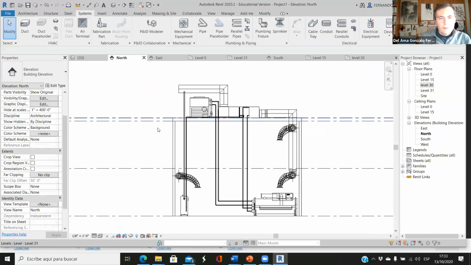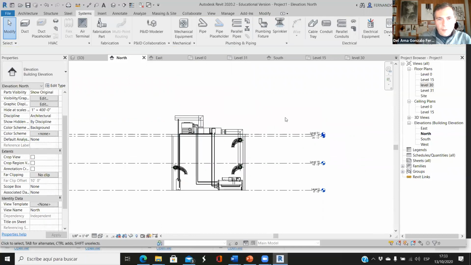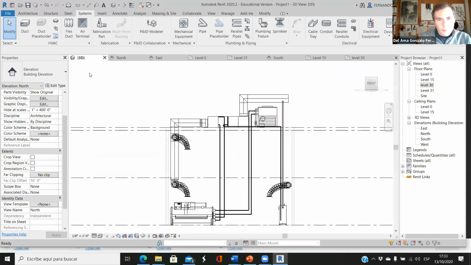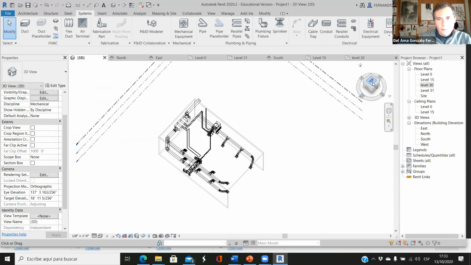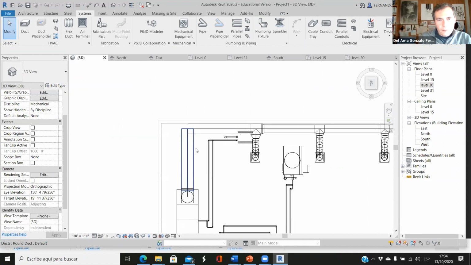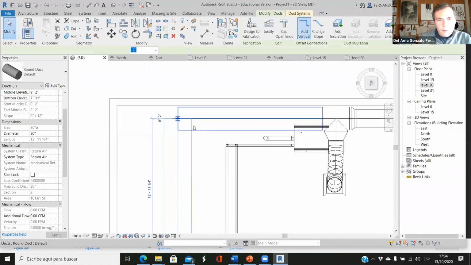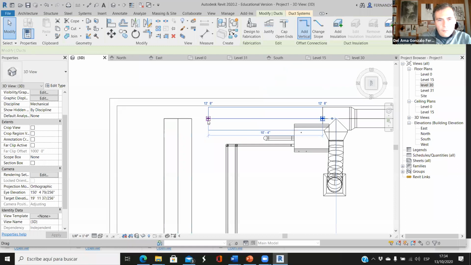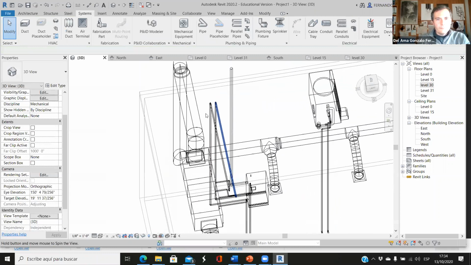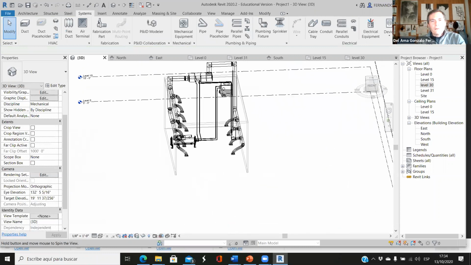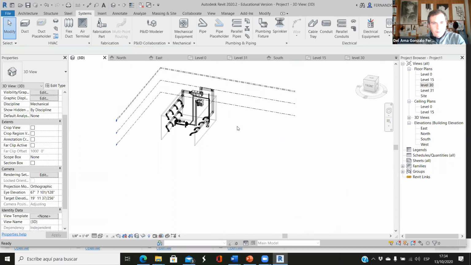There you go. And now from the top view, I love Revit. There you go.